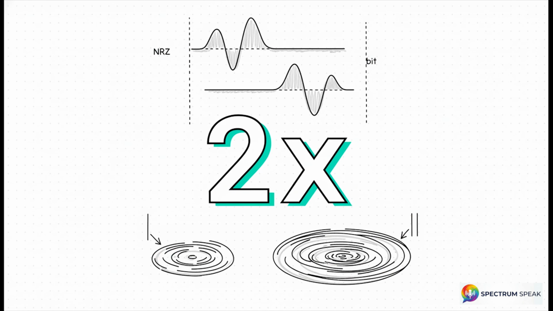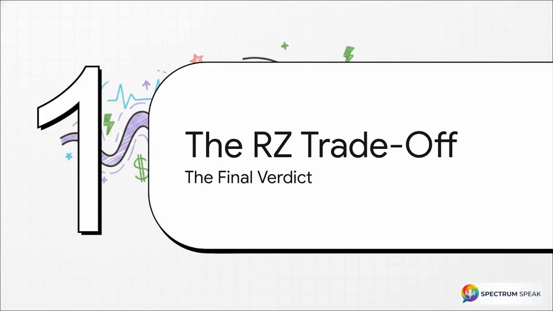And that's the bottom line. Let's put a big number on it. 2 times. Because of that mandatory transition in the middle of every bit, you're forcing at least 2 signal changes per bit, where a simpler code might only need 1. This doubles the highest frequency in your signal, meaning RZ coding eats up twice the bandwidth. Ouch! So, let's pull all this together.